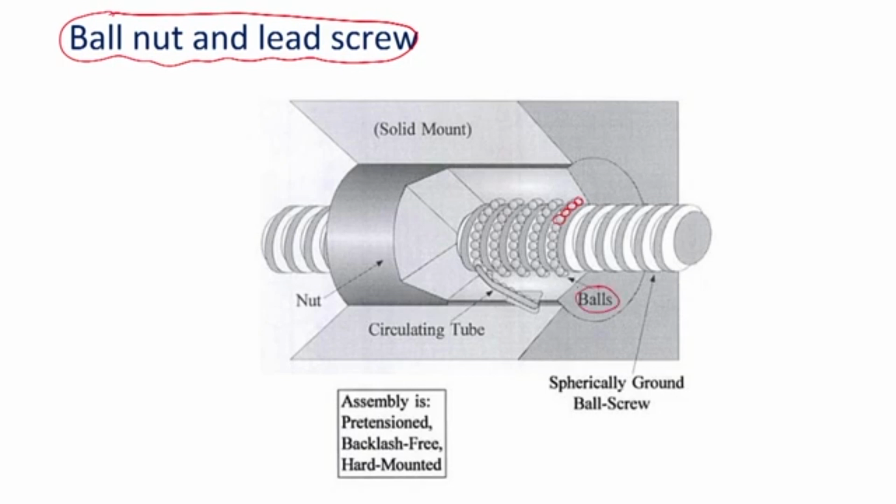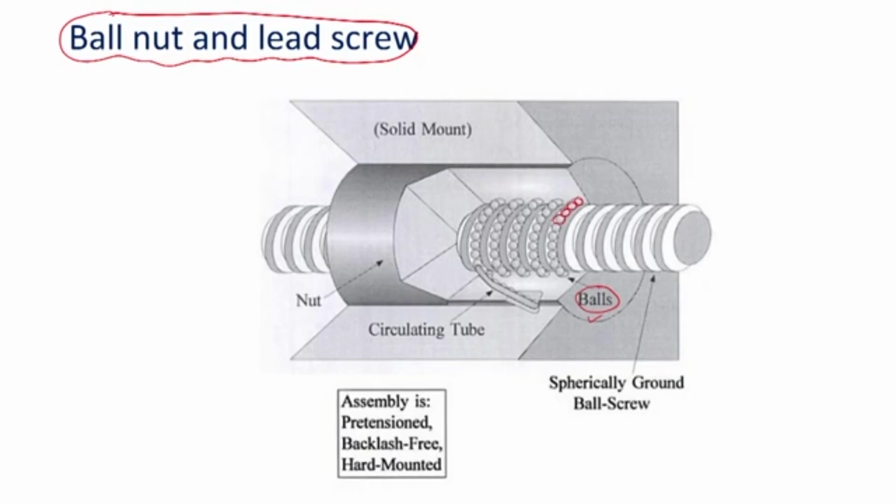To minimize the effect of play, we have to ensure constant contact of the screw and the nut, and that is possible by using a number of ball screws which are mounted, and these are recirculating. These screws are rotating, and during the rotation they are transferring the motion and the power as well. So, this assembly is pre-tensioned and it does not have backlash or any play.